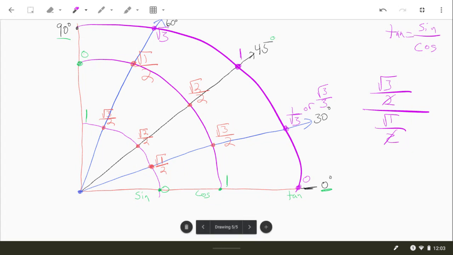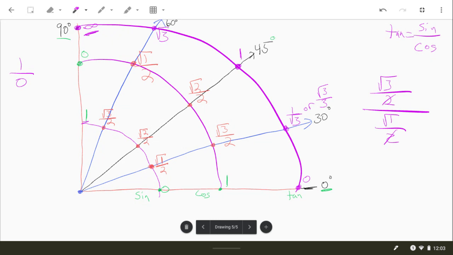And then the last one, sine and cosine of 90 degrees. You get sine of 90 on top, which is equal to 1, and cosine of 90 on the bottom, which was equal to 0. So you get 1 divided by 0, or for tangent, you could say this is undefined. A lot of places just put the little infinity symbol there, or you can just put undefined.